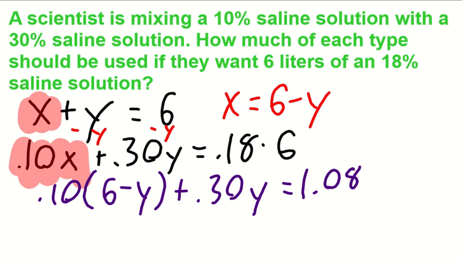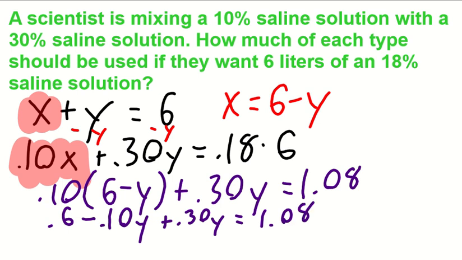So now I distribute. My 0.10 times 6 is going to give me 0.6 minus 0.10y plus 0.3y equals 1.08.